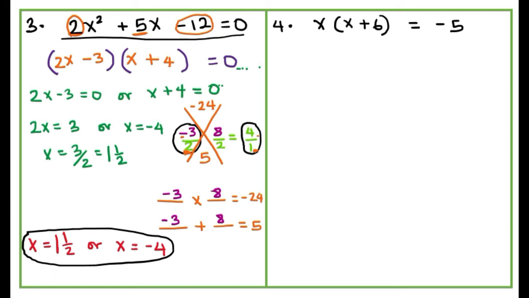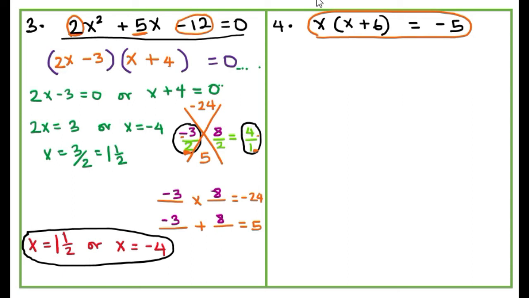Finally, if you have got a quadratic equation in this kind of format, we will first simplify it to become a general form of a quadratic equation.